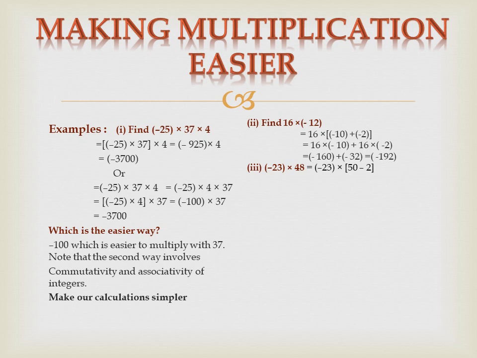Third question, negative 23 into 48 is equal to negative 23 into 50 minus 2. Here 48 is very near to 50. Therefore, 48 can be split as 50 minus 2, which is equal to negative 23 into 50 minus negative 23 into 2.